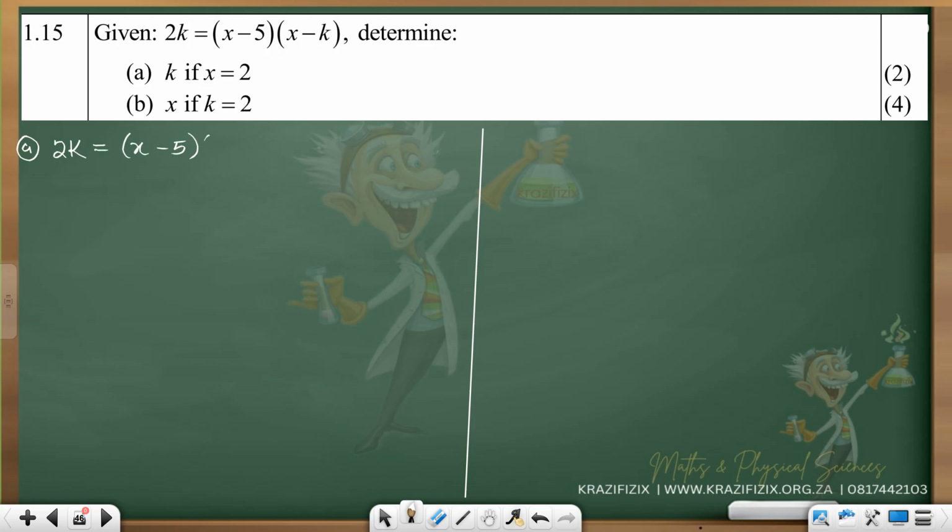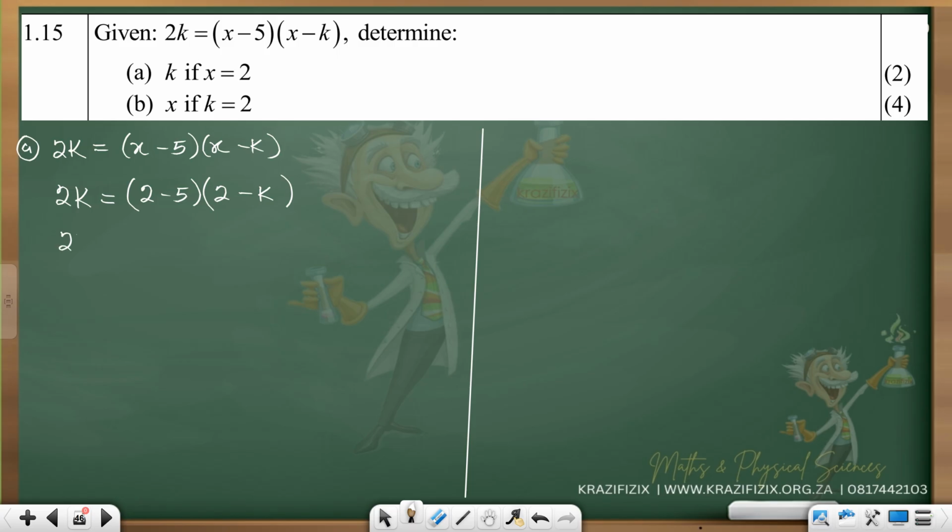If x equals 2, what do we have? We are looking for k. x equals 2, so 2 minus 5, and 2 minus k.